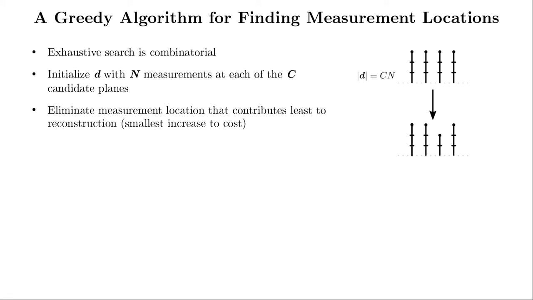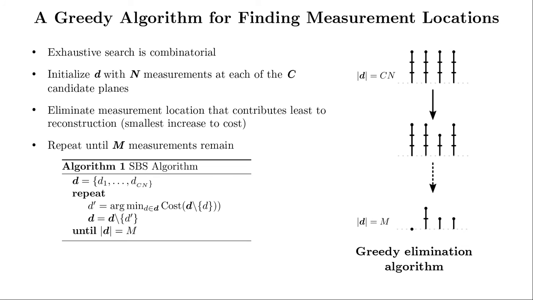Once we've identified which one that is, we eliminate it from our measurement configuration D. If we repeat this, we keep going until we have only M measurements left, and that's what this picture on the right represents. Here's just a summary of the algorithm. And of course, this greedy algorithm requires much, much fewer cost evaluations than an exhaustive search.